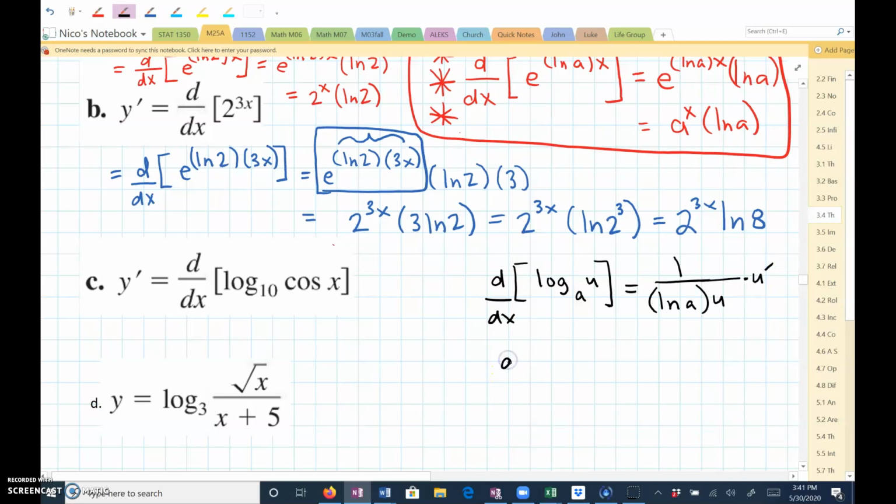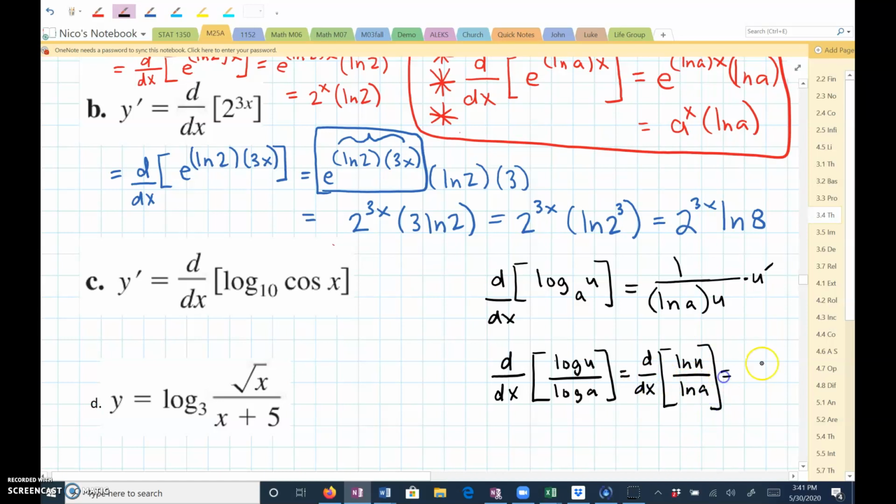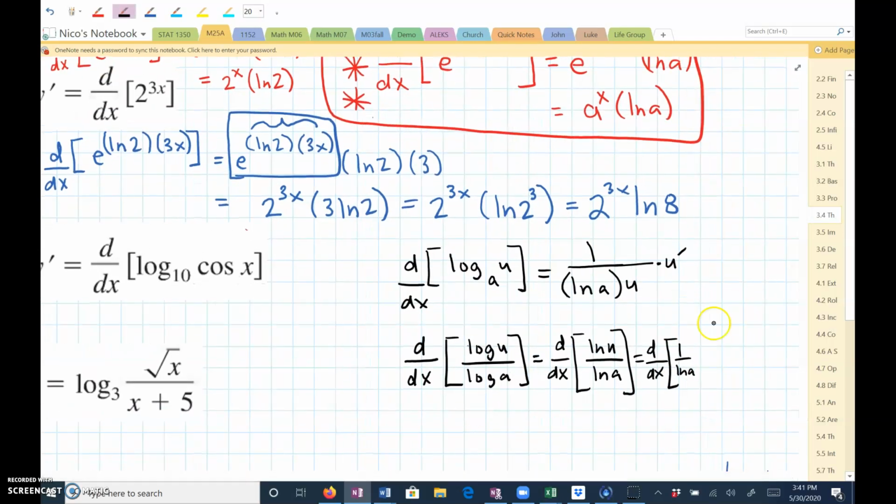Or the way that I do it, I like to take the derivative with respect to x, and I rewrite this as log of u over log of a. And then I rewrite this as the derivative of the natural log of u over the natural log of a. And then I think of this as taking the derivative with respect to x of 1 over the natural log of a times the natural log of u.